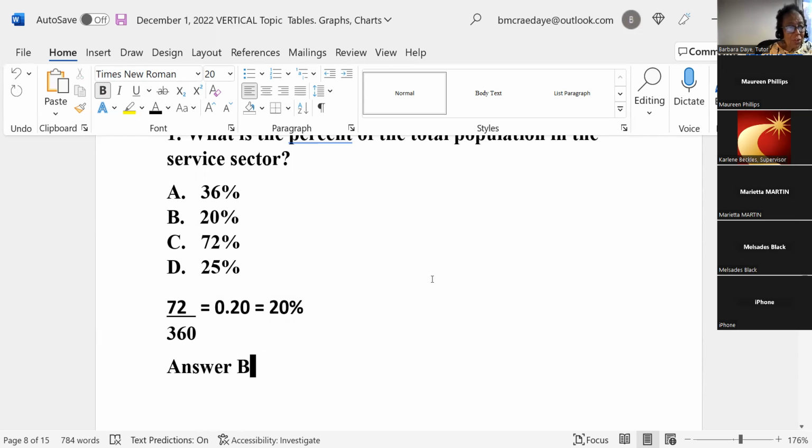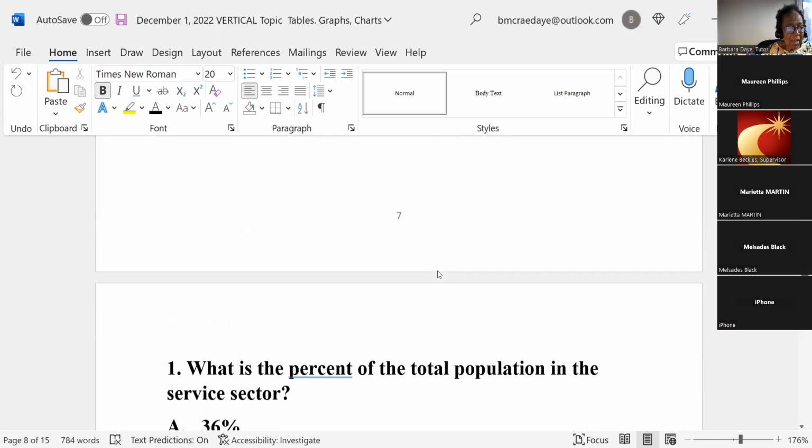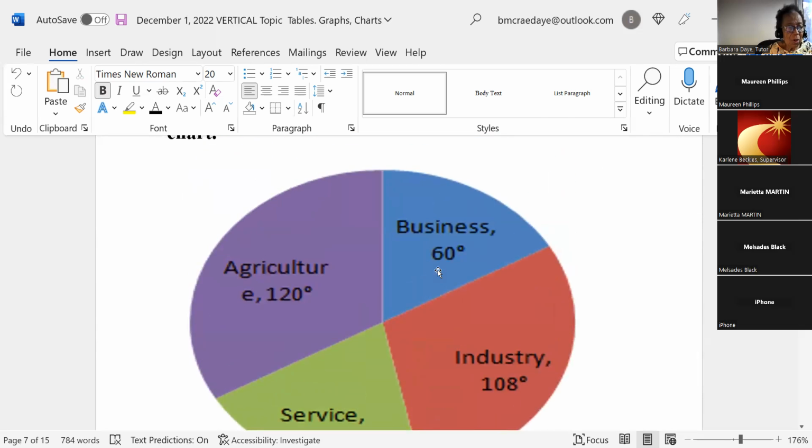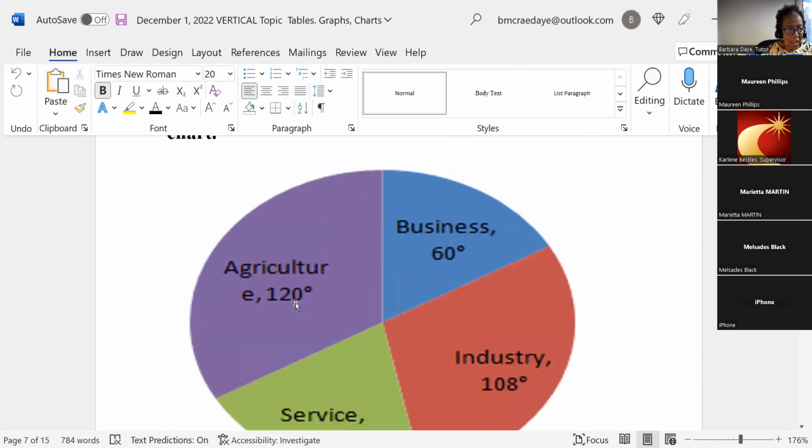Okay, very good. So the percent of the total population in the service sector would be 20%. Now, another question, and this is mental math: what percent would be in the agricultural sector? Now you see that's 120.